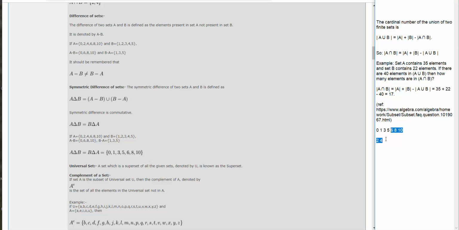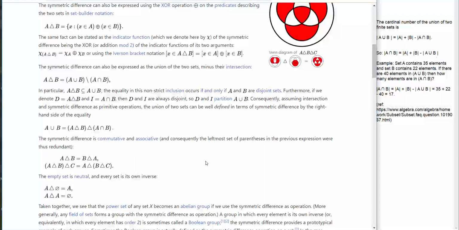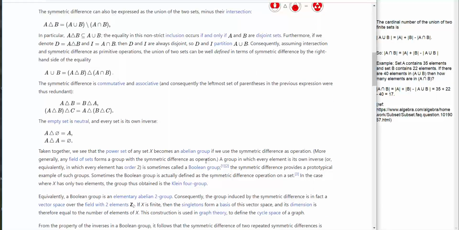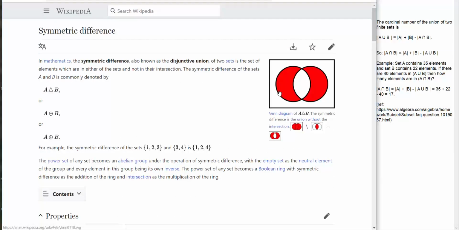So in this case, what they've done is A minus B union B minus A. A minus B will be left with this portion, union B minus A will be left with this portion.